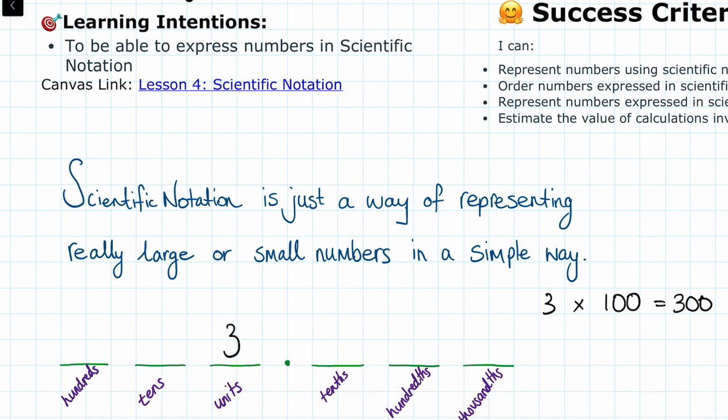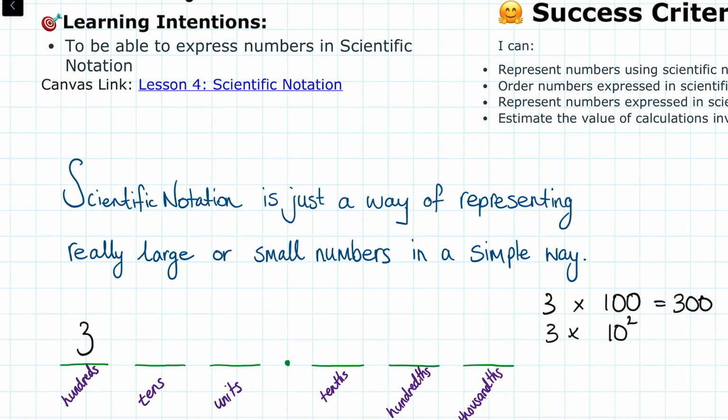But what we've done to that 3 is we've picked that 3 up and we've moved it 2 places in our number system. We've slid it along and we've put zeros as placeholders, because I can think of that as 3 times 10 squared. You can see I've moved it 2 places along and I've put 2 zeros in it.